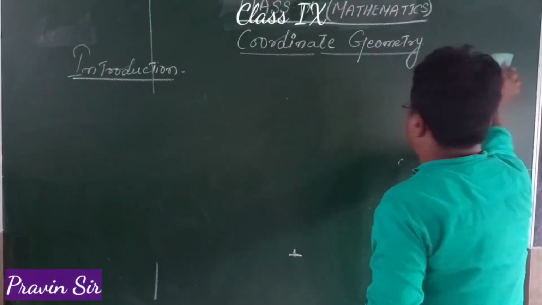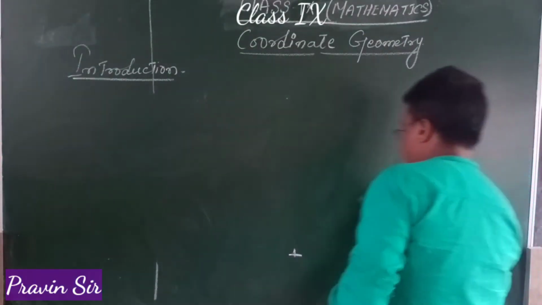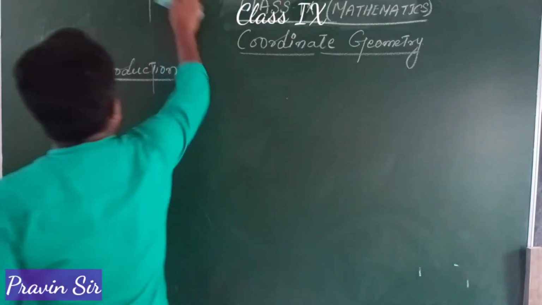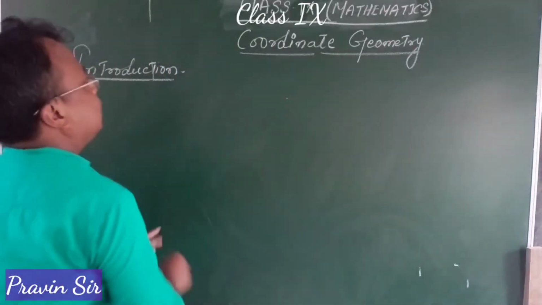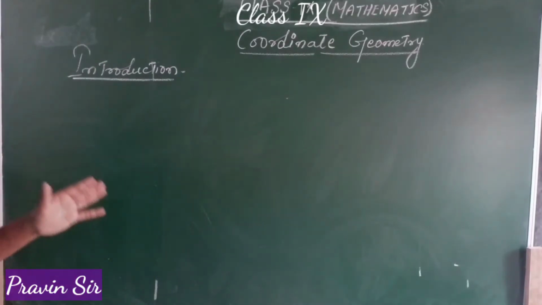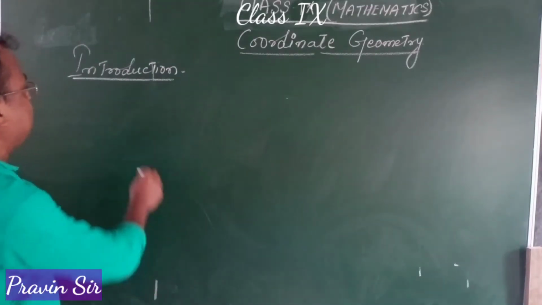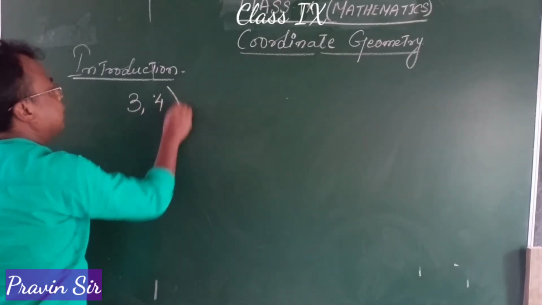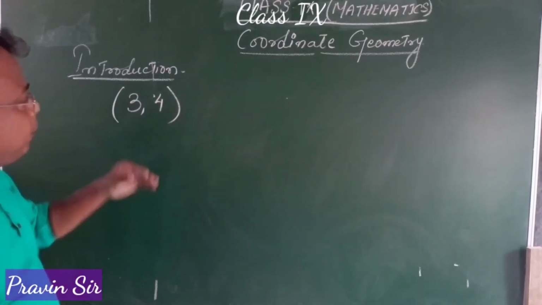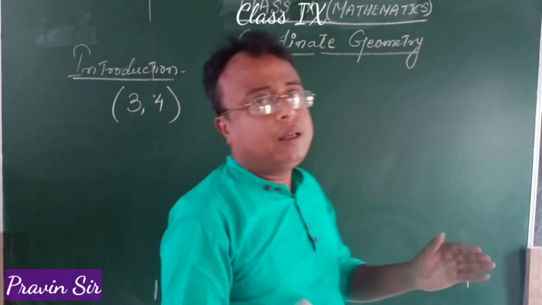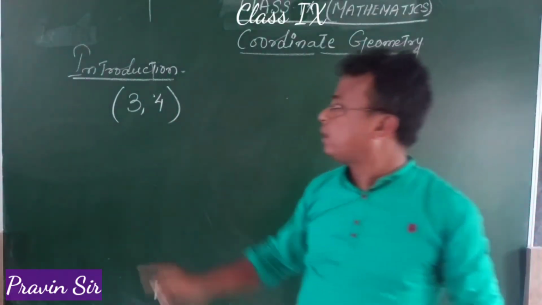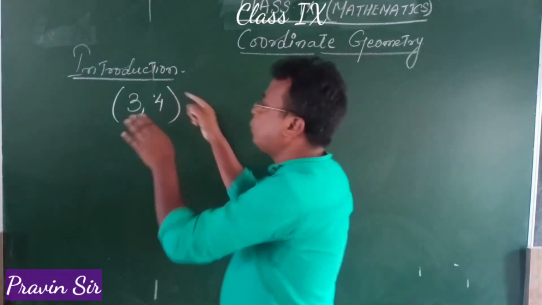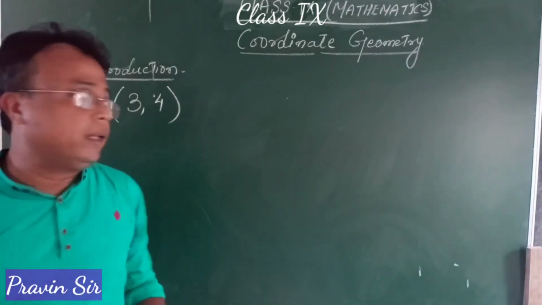Now you see. I hope you understood what a coordinate is. Suppose this is a coordinate. We always represent a coordinate under a bracket. If you do not put the bracket, it is not a coordinate.